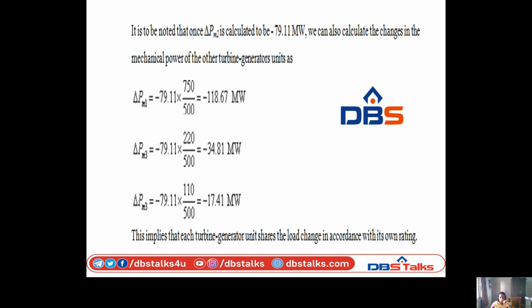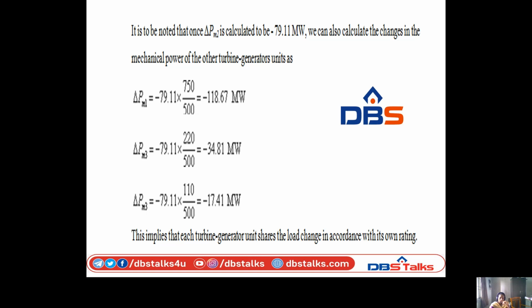Here the turbine generator unit mechanical power, delta PM1, equal to minus 79.11 into 750 by 500. And here these are the ratings of each generator unit: 750, 220, and so on. That will be minus 118.67 megawatts.